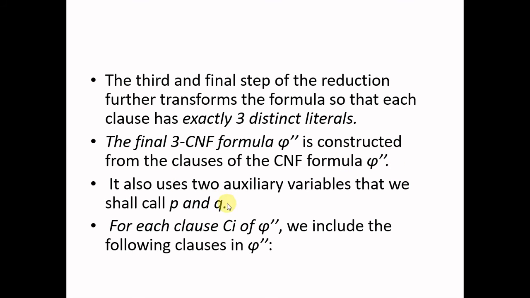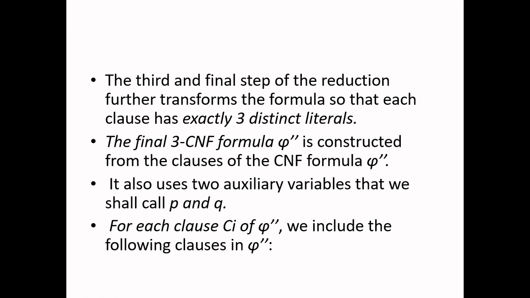It contains at most 3 literals, not exactly 3 distinct literals. If it has less than 3 literals, then we need to make it into 3-CNF form, which means each clause should have exactly 3 distinct literals. Each clause will have at least 1 literal.